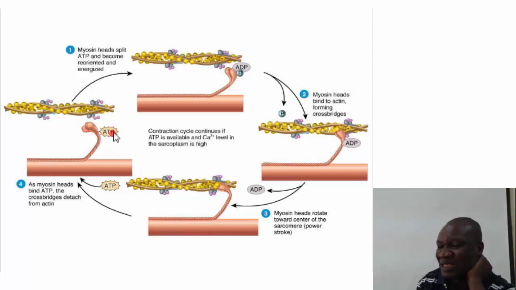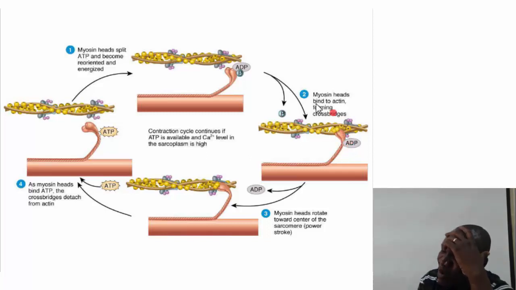Now the myosin head is energized, and it develops a high affinity for the actin filament. So the myosin head with the ADP and inorganic phosphate binds to the actin filament. When it binds, the inorganic phosphate is released, so we have only ADP attached to the myosin head.